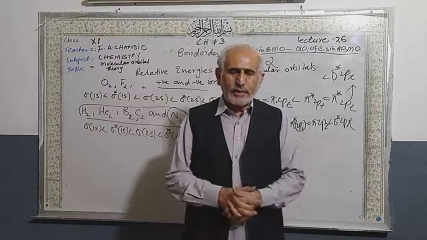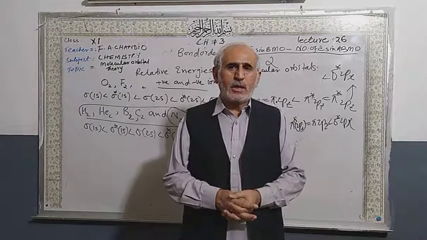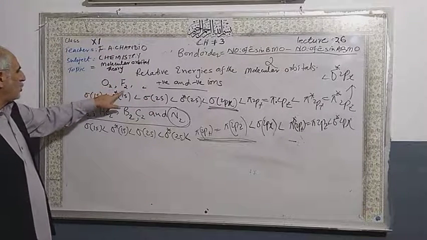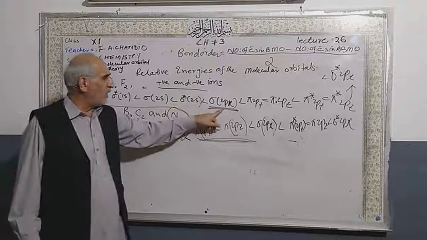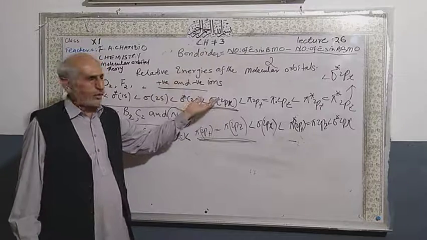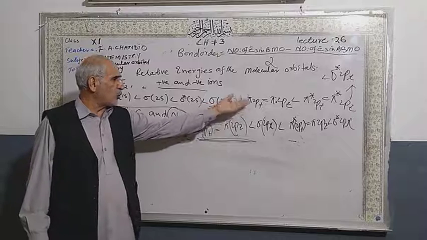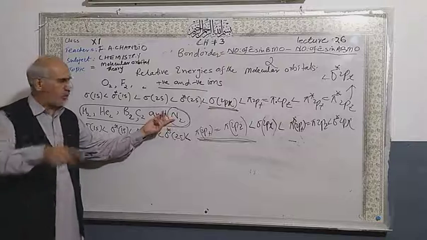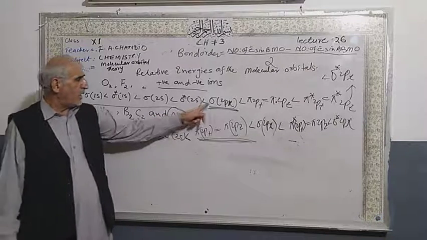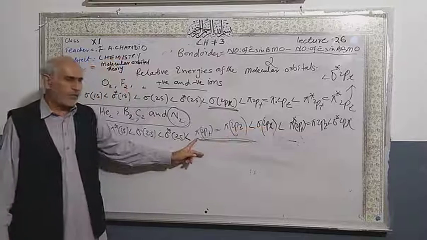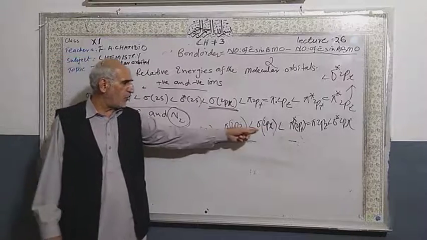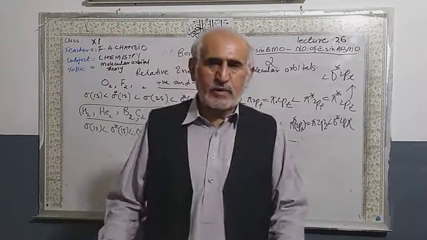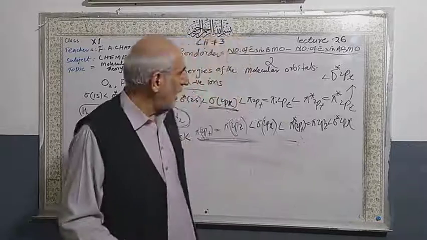This is very important, and many times this question is asked in the examination: why in the case of oxygen molecule and fluorine molecule you fill as usual, sigma 2px and then pi 2py and pi 2pz, and in the case of helium, hydrogen, and nitrogen, which is given in your book, you first have to fill pi 2py and pi 2pz, then sigma 2px. The explanation is given, so inshallah in the next lecture I will explain this reason.